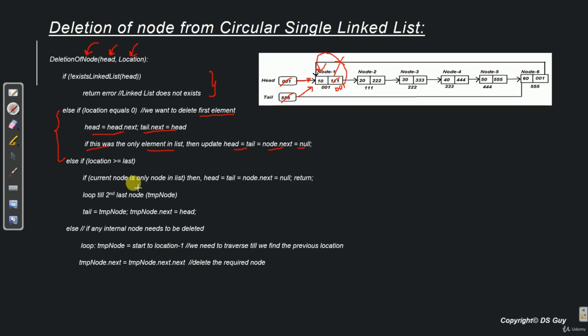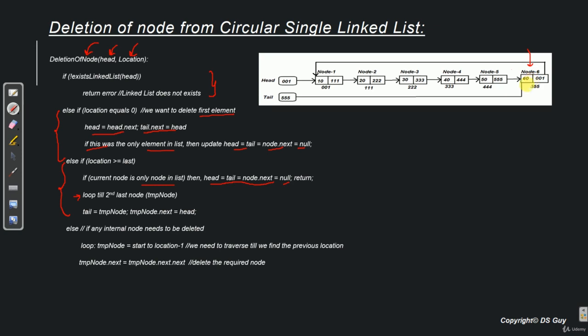Fine. Now let's say we want to delete the last node. If it is the only node in the list, then we repeat the previous step: head and tel and node.next will all be null. Else, if there is more than one node in this list and we want to delete the last node, here we have 6 nodes and node 6 is the last one we want to delete.